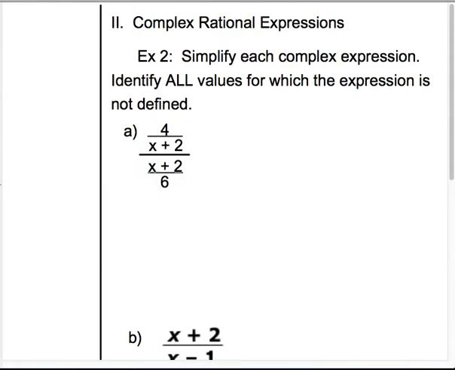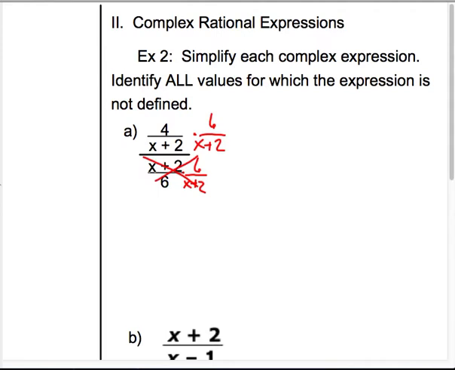All right, so let's take a look at some complex rational expressions. My first one, again, has a fraction in the denominator as well as the numerator. So I'm going to rewrite this as multiplication by the reciprocal. I'm going to shortcut it and just know that when I do that, in the denominator everything cancels.